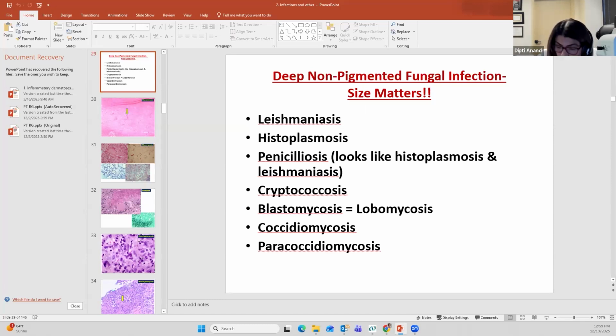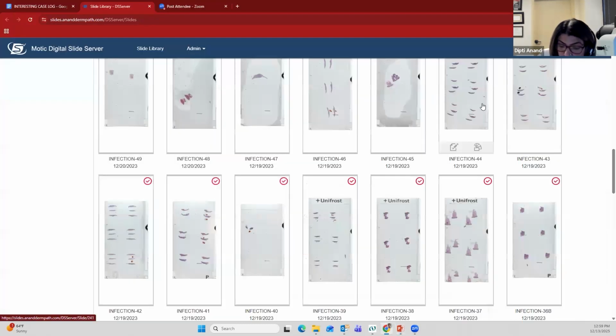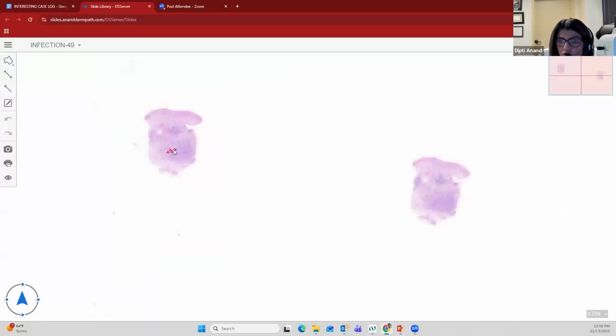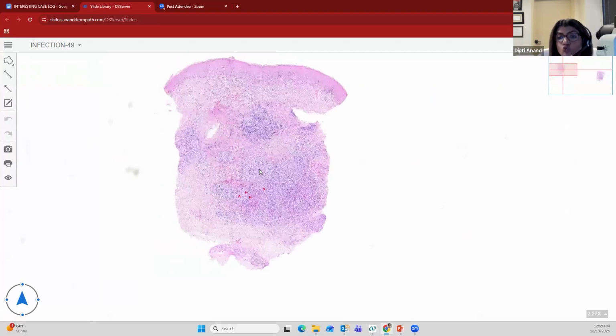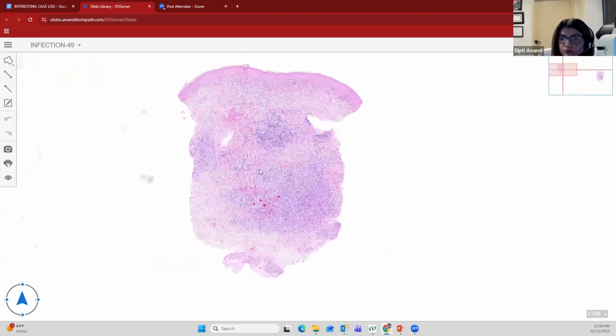All of them are super important, and one or the other you will get in your boards. All of them are super inflammatory except for cryptococcosis. Except for cryptococcosis, all of them are going to incite a dense inflammatory response, which is suppurative and granulomatous, with variable degree of pseudoepitheliomatous hyperplasia.